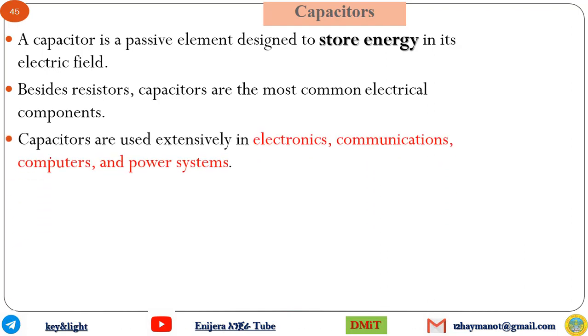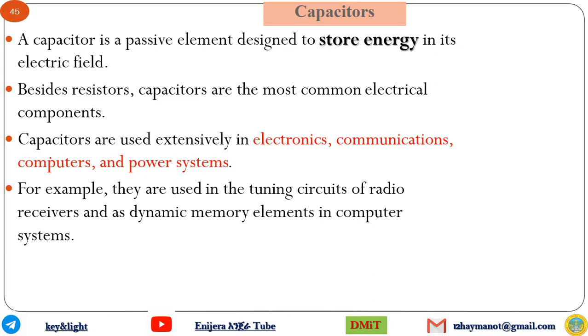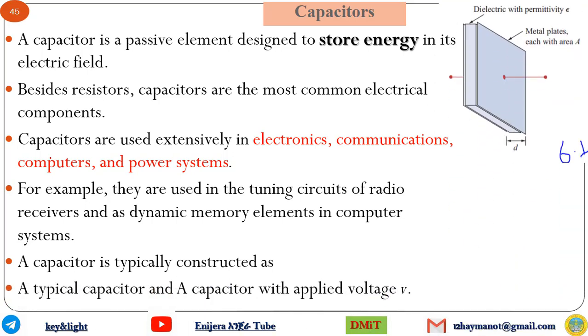Capacitors are used extensively in electronics, all electronics we can say, communication systems, computers and power systems. You can find them in all kinds of places. For example, they are used in the tuning circuit of radio receivers and as dynamic memory elements in computer systems.